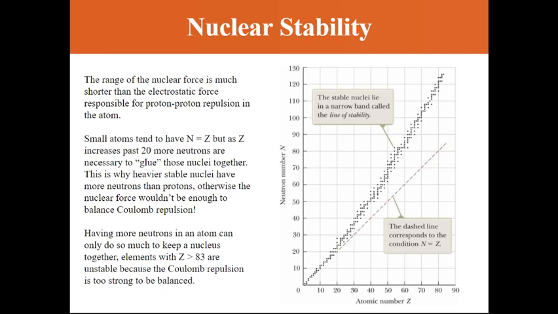Because of the short range of the nuclear force, only neighboring nucleons in the nucleus can really have a nuclear force effect on each other, which means that for a really, really big nucleus, only neighboring protons and neutrons are gluing each other together, because the nuclear force is such short range that only your neighbors can hold you down.